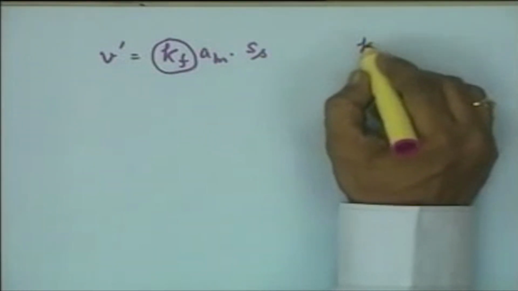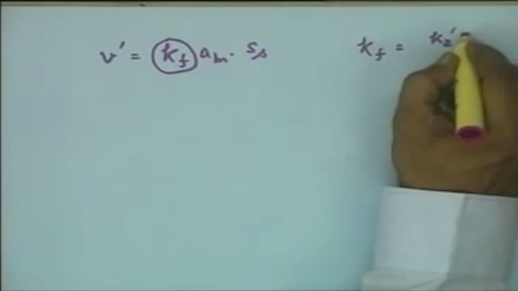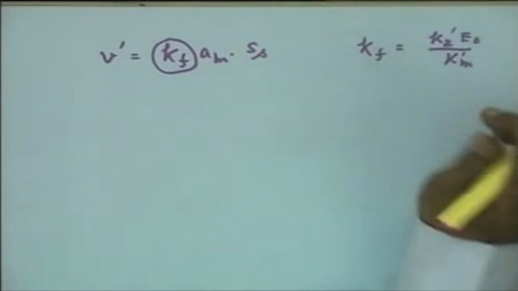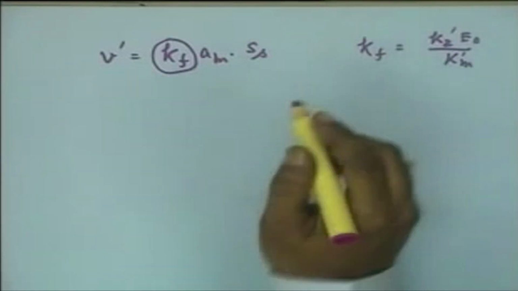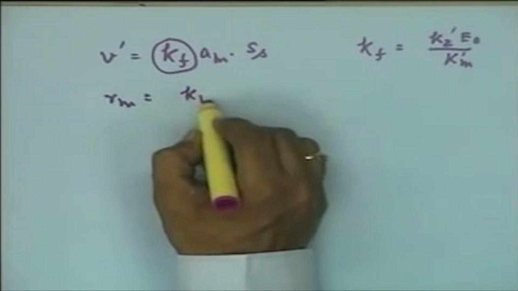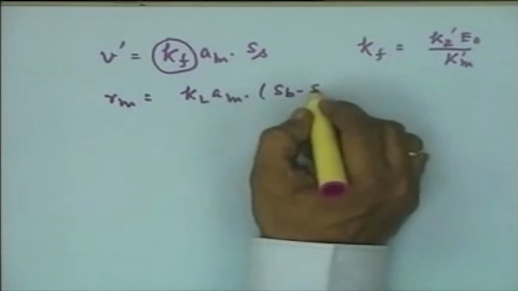And here Kf is essentially equal to the pseudo first order rate constant for an enzyme catalyzed reaction, K2 E naught upon K dash m, and therefore, your rate of mass transfer is KL Am into Sb minus Ss.